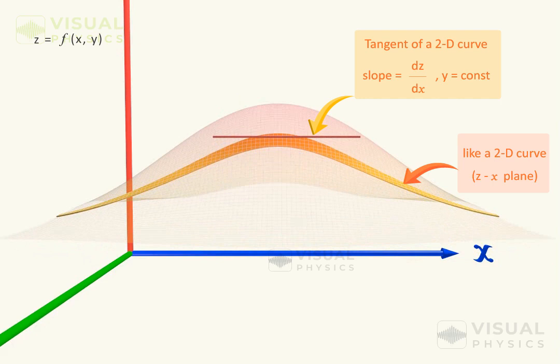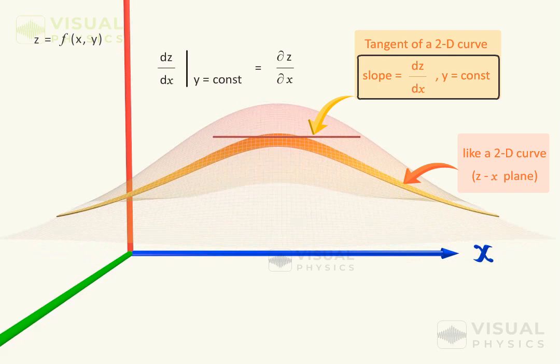This cross-section with respect to the y-axis means that we have taken y to be constant while we measure the slope of the curve in the xz plane. This is the partial derivative of the function with respect to x when y is taken to be constant.